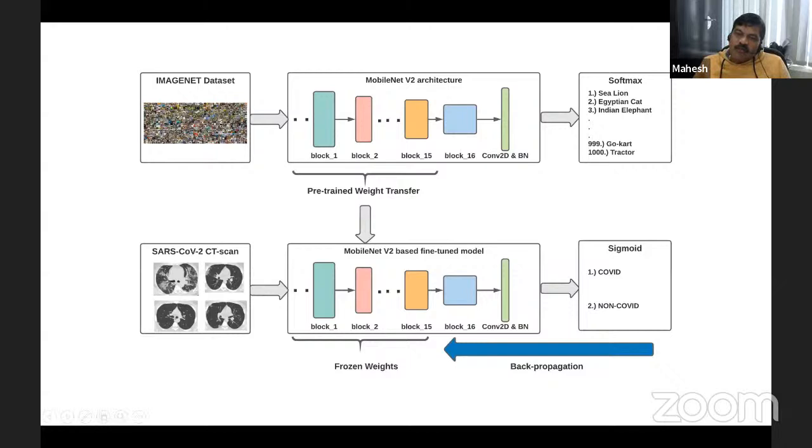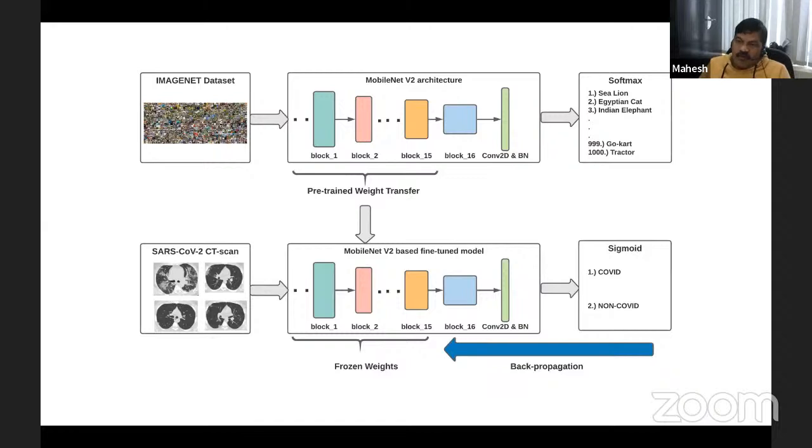You can see the MobileNet model was trained using the ImageNet dataset. ImageNet was introduced in 2012, and it was a breakthrough. After that, we have achieved a lot of milestones in the deep learning area. What is the beauty of this model? It's a very huge dataset, millions of images. And how many classes? What is the variety? It has 1,000 classes.